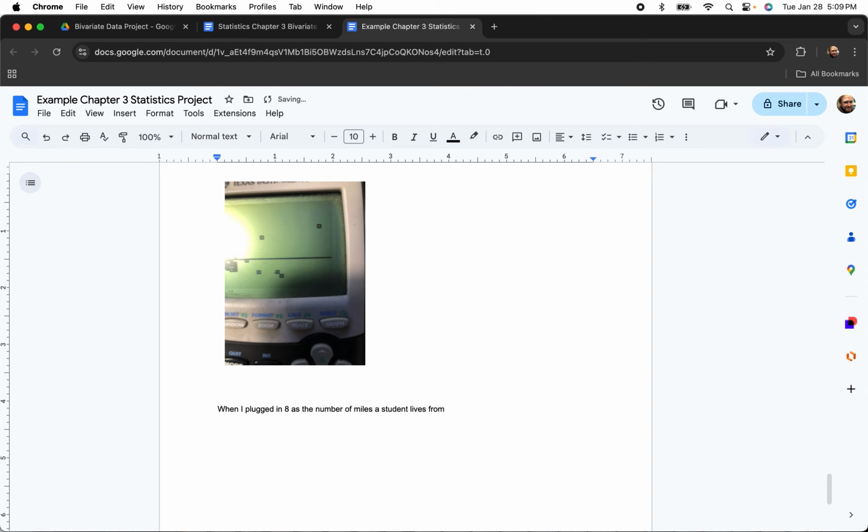When I plugged in 8 as the number of miles a student lives from MA, the result was a prediction of 16.239 instances of absence or tardy. And we can use the rest of that in the next part.